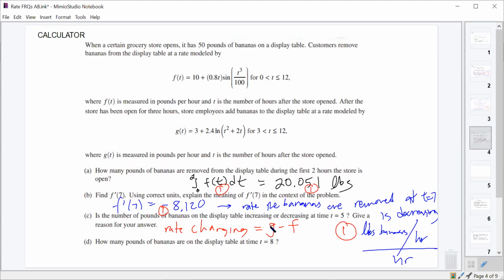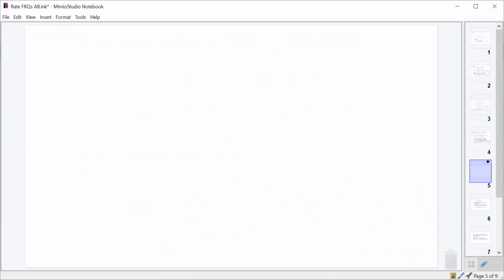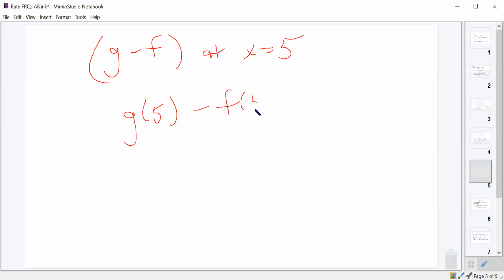which tells us that if we're looking for the actual number, the integral of G minus F, increasing or decreasing, we need to look at G minus F at t equals 5. So we're just looking for G of 5 minus F of 5 for part C. And G of 5 minus F of 5 is negative 2.263103, which is negative.